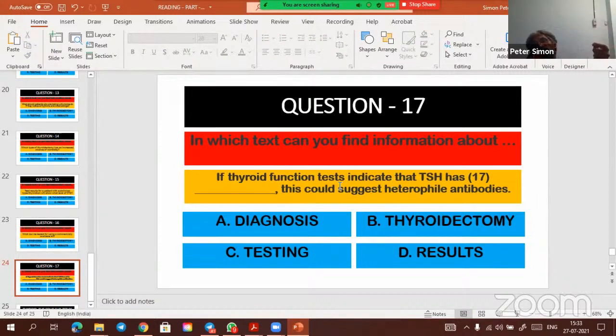If thyroid function tests indicate the TSH has a dash, this could suggest heterophile antibodies. Tests are indicating, pointing, signs, symptoms. Indicators, pointers, signs, symptoms, prompts, clues, cues. Already I told you, indicate.